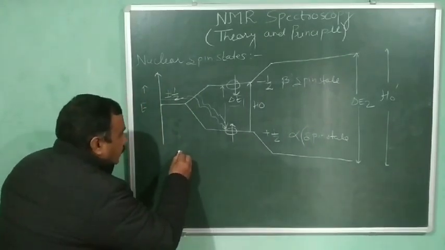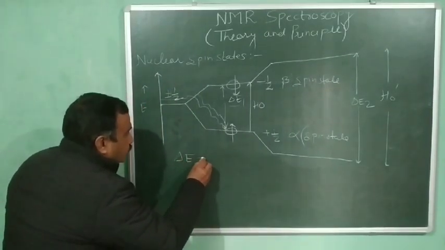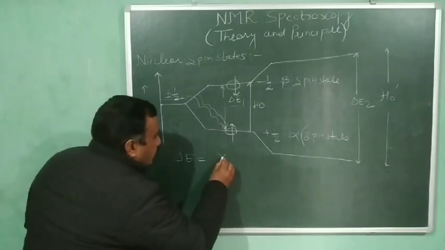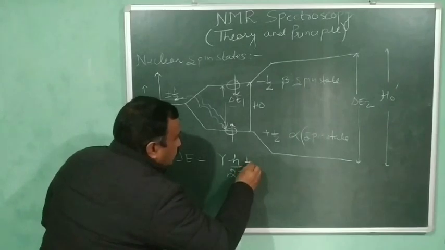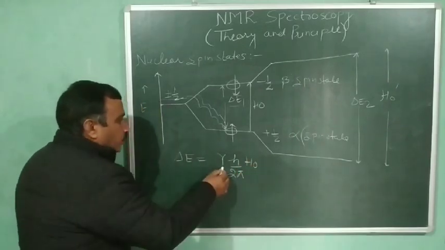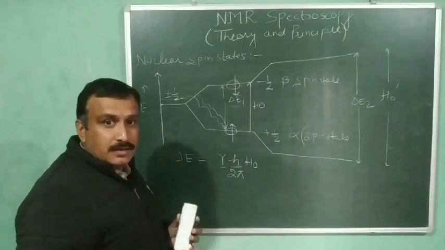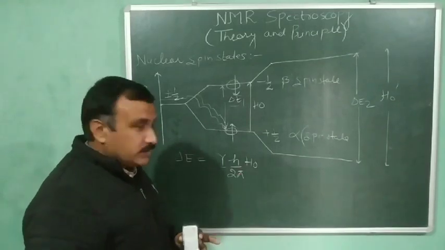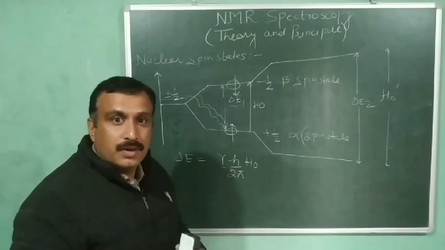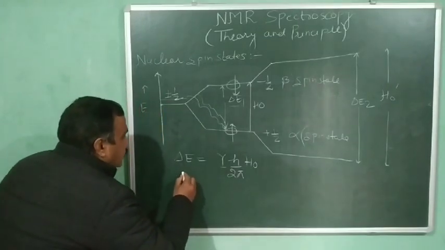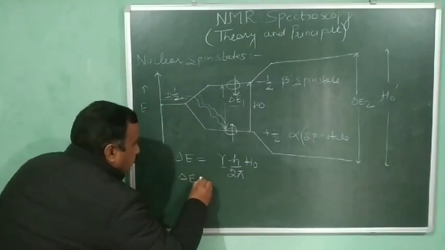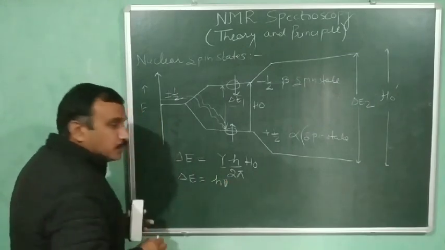That is, the energy gap delta E is equal to gamma h upon 2 pi into H naught, where gamma is the gyromagnetic ratio and H naught is the strength of the externally applied magnetic field. And we also know that delta E is equal to h nu.